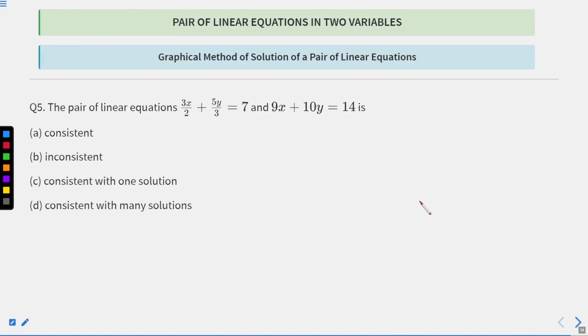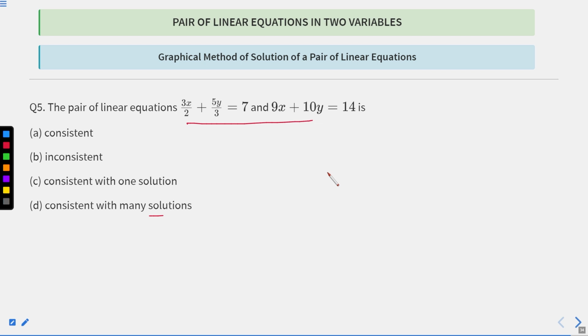Now let us move to question number 5. Here we are given the pair of linear equations 3x/2 + 5y/2 = 7 and 9x + 10y = 14. We have to check whether the pair of linear equations is consistent, inconsistent, consistent with one solution, or consistent with many solutions.